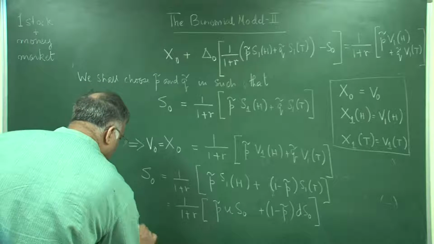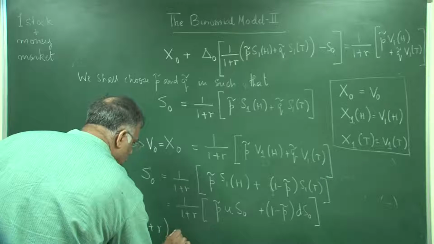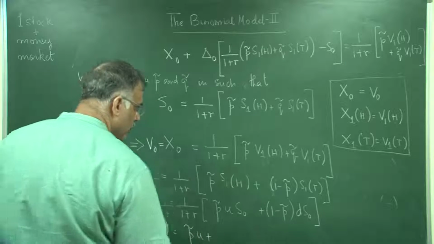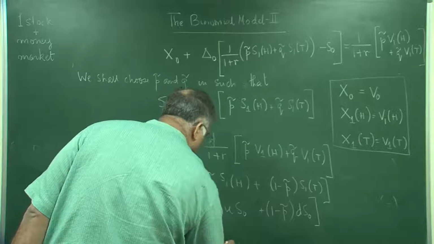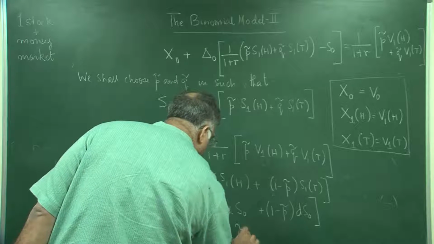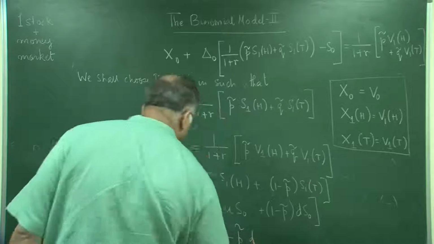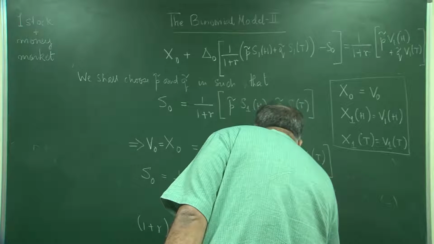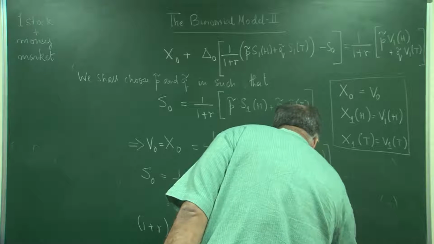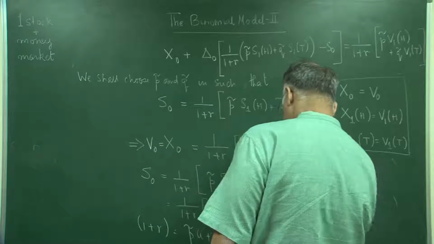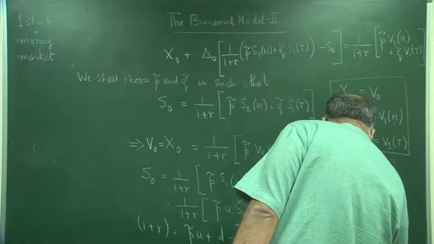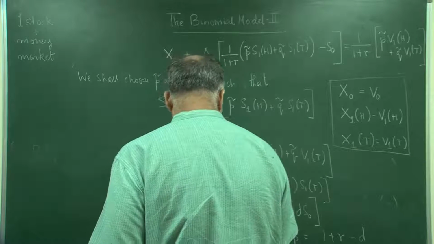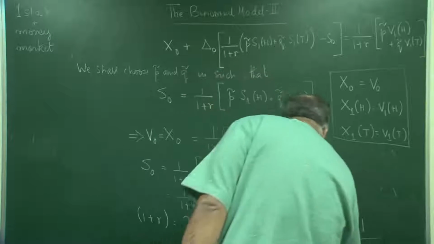It will become 1 plus r is equal to p tilde u plus d minus p tilde d. So, that would imply that p tilde is equal to 1 plus r minus d divided by u minus d.